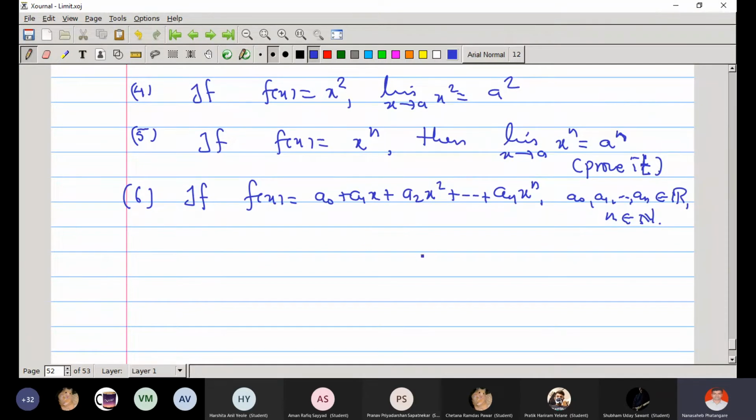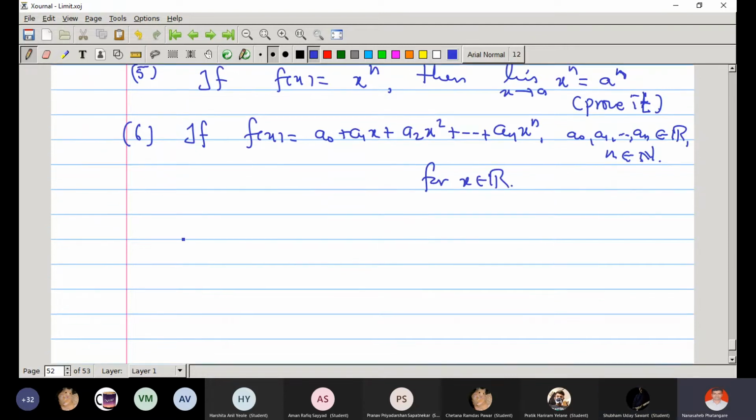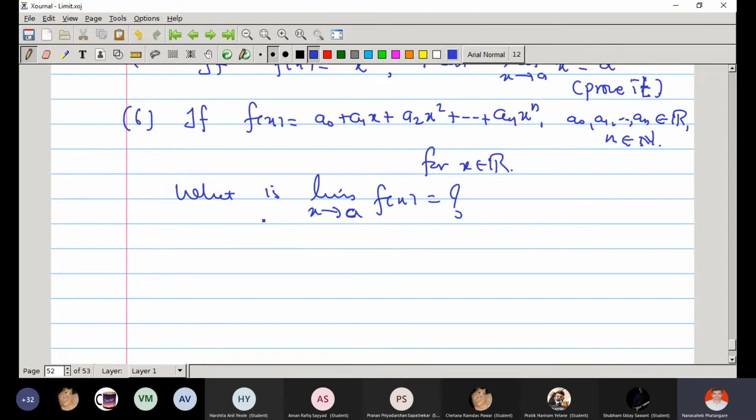So is it a function? Yes, it is defined on R. Now my question is, what is the limit as x tends to a of f(x)? Use the previous theorem.